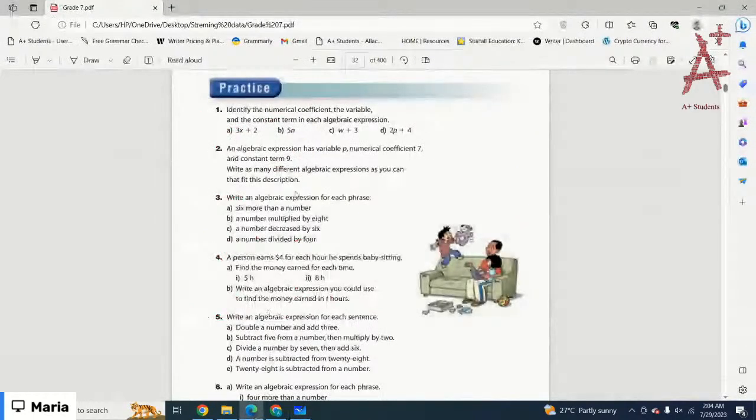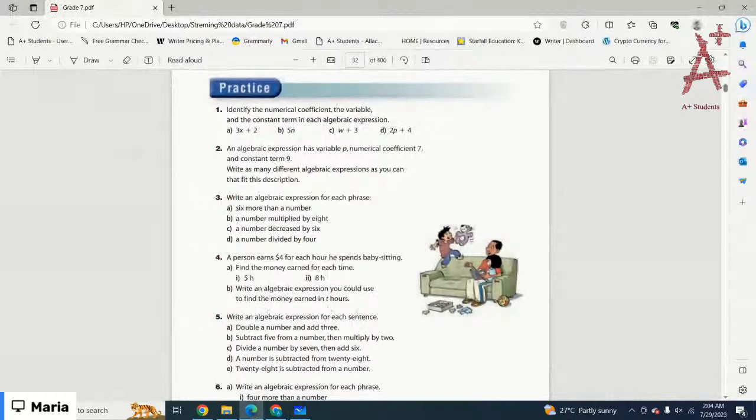An algebraic expression has variable p, numerical coefficient 7 and constant term 9. Write as many algebraic expressions as you can that fit in this description. So you are given the description verbally, you have to write the mathematical expression. Got it? So you have the variable p, numerical coefficient 7 and constant term 9. You have to write the algebraic expressions as many as you can. Got it?